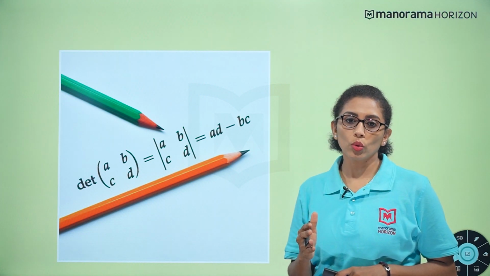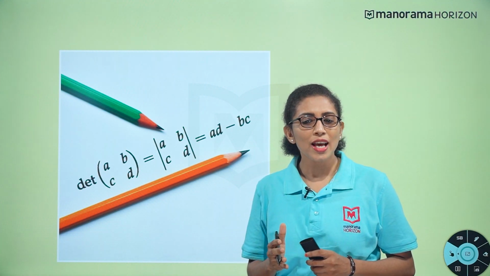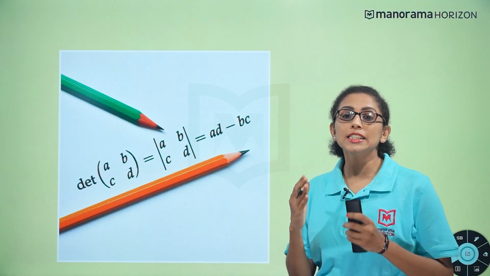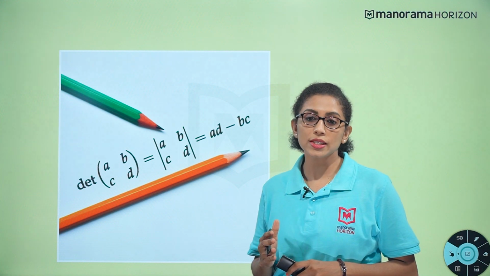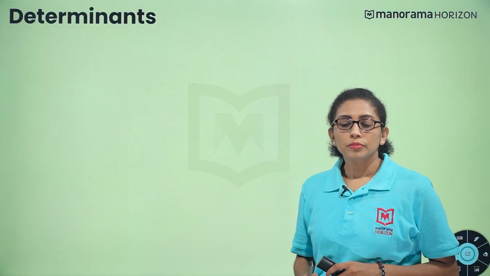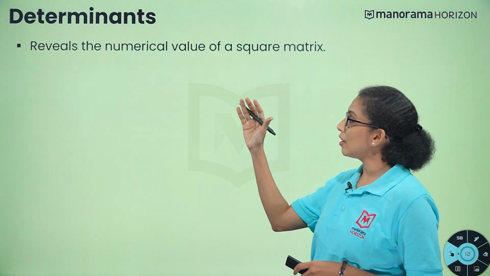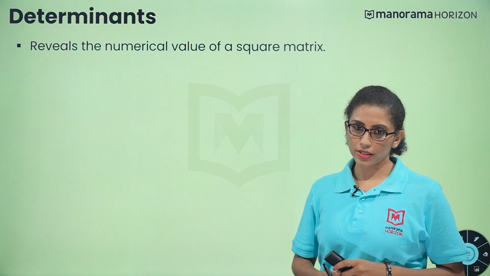And in this video, we are going to discuss the concept of determinants and the method of finding determinants of square matrices of order 2 and 3. Determinants reveal the numerical value of a square matrix.